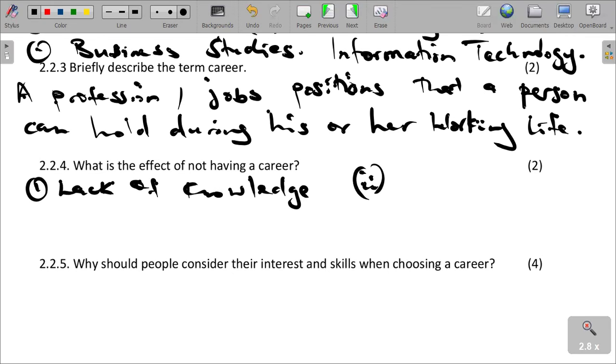We are saying if a person has no career, knowledge is also absent in that case. That person cannot be able to get work also. It is difficult to get work.